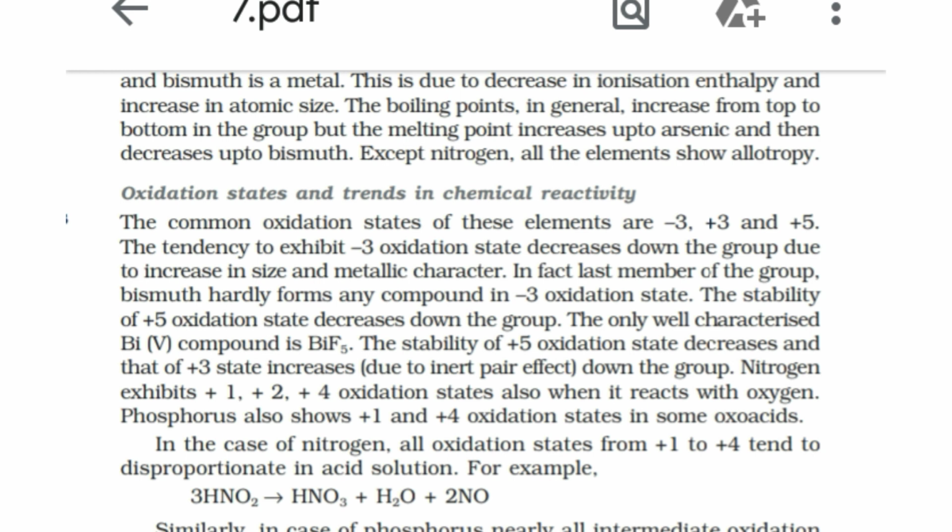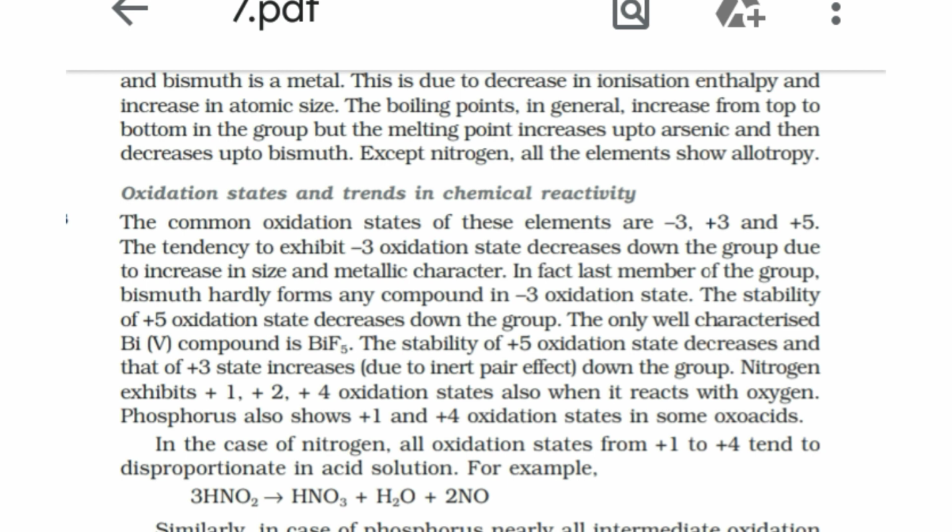Nitrogen has unique ability to form p-pi multiple bonds with itself and with other elements having small size and high electronegativity. Example: carbon, oxygen. Heavier elements of this group do not form p-pi bonds as their atomic orbitals are so large and diffuse that they cannot have effective overlapping.